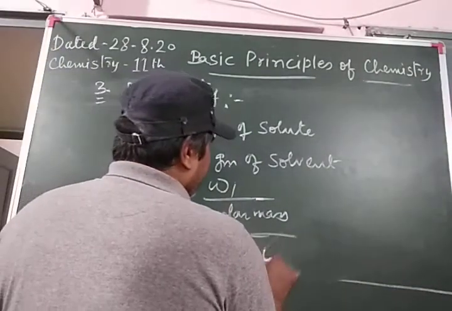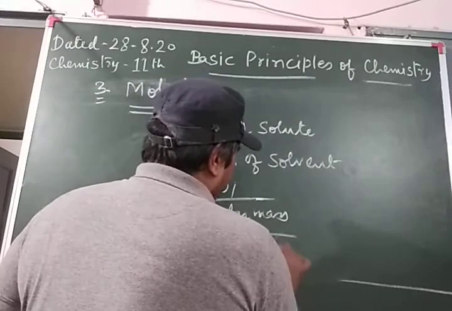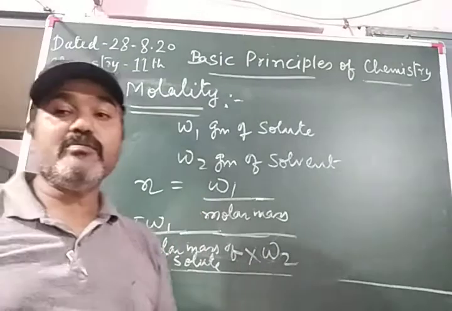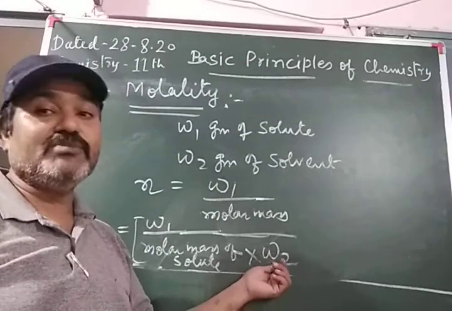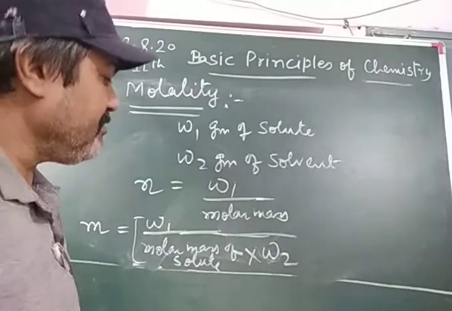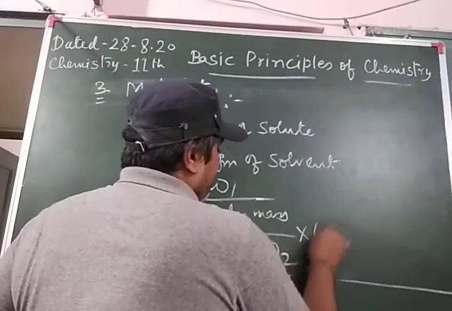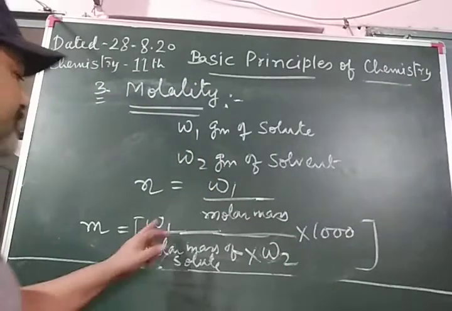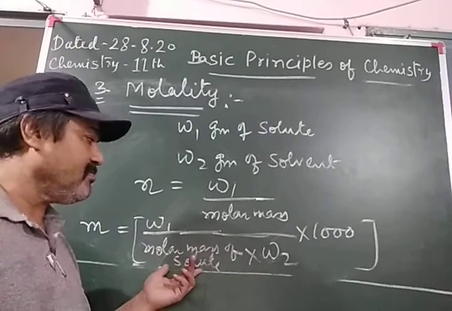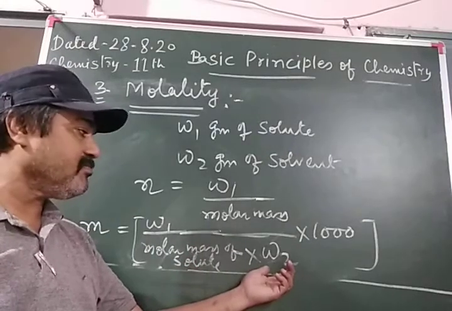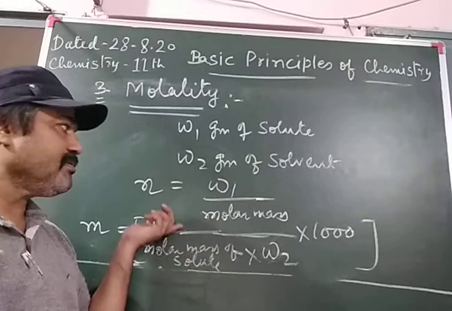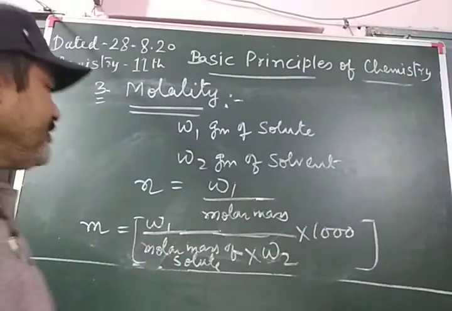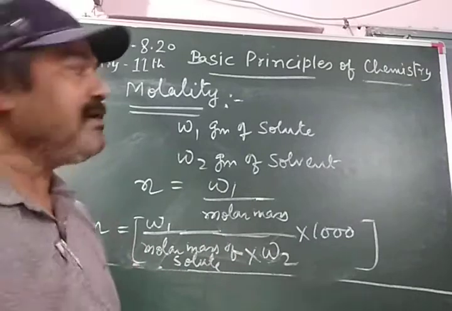Mass of the solvent here is given in grams, and according to definition, the number of moles of solute dissolved in 1000 gram of the solvent. So divided by W2 multiplied by 1000. Okay. So this will be the molality. W1 upon the molar mass of the solute, W2 mass of the solvent in which the W1 grams of the solute is dissolved, multiplied by 1000. This value will be the molality of the solution.